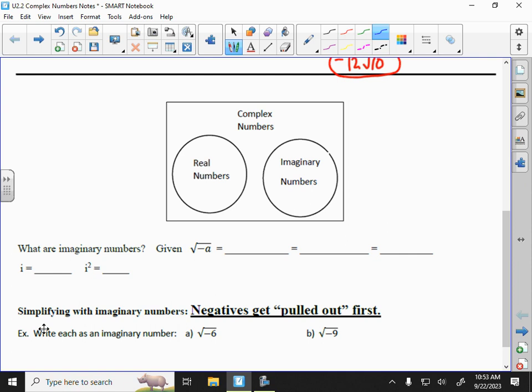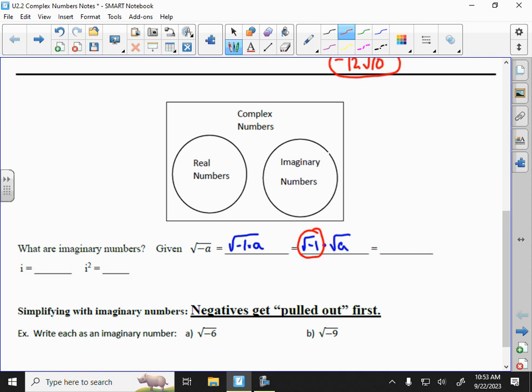Okay, so it has to be a square root, not a cube root. What we can do is take this example, the square root of negative a, and that really says the square root of negative 1 times a. Now I can split this up into the square root of negative 1 times the square root of positive a. Now the square root of negative 1 is a special number, and this is called i.